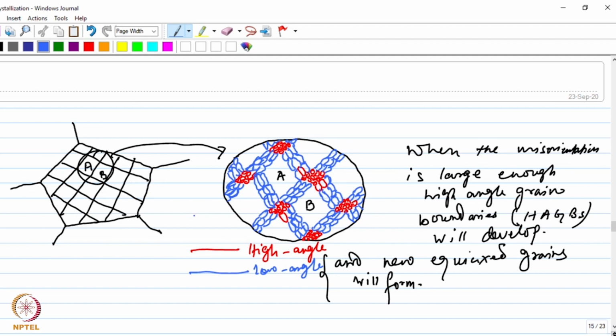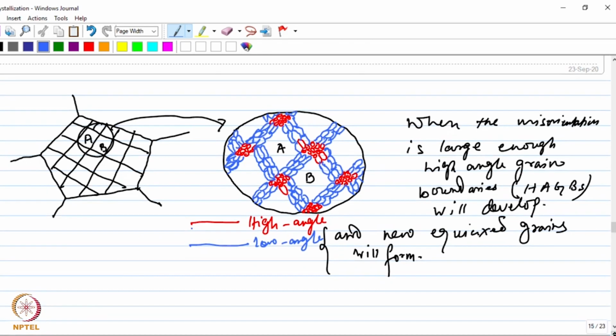Okay. But for such network of MSBs to form, you need a large strain, a large amount of deformation, and therefore this kind of mechanism will be more prevalent when a very large deformation is being applied.